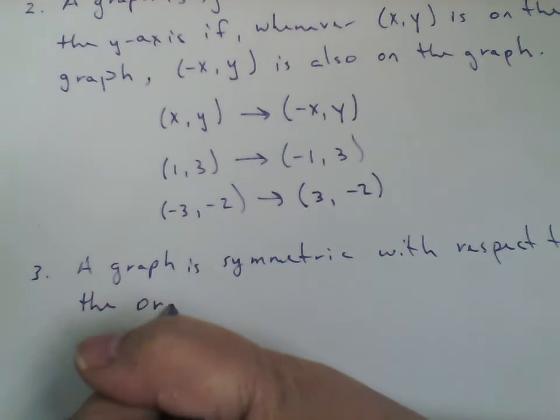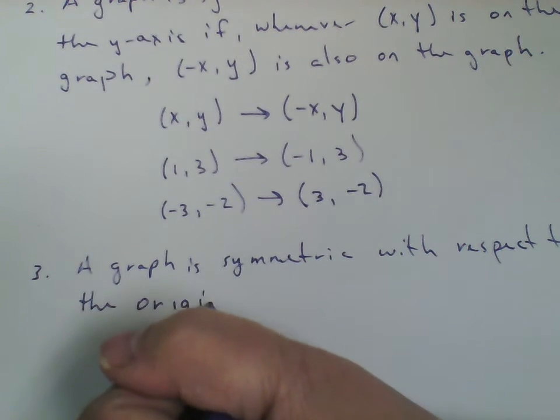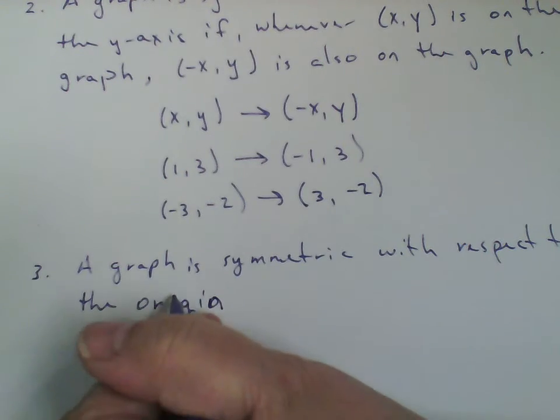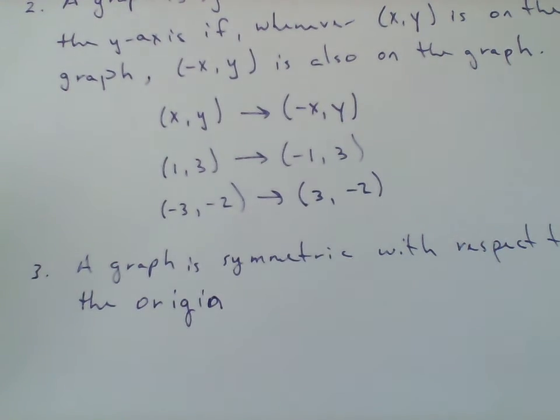The origin is 0, 0. It's that spot on the graph where everything starts and ends. So something to be symmetric about the origin means it's with respect to that 0, 0 point on a graph.